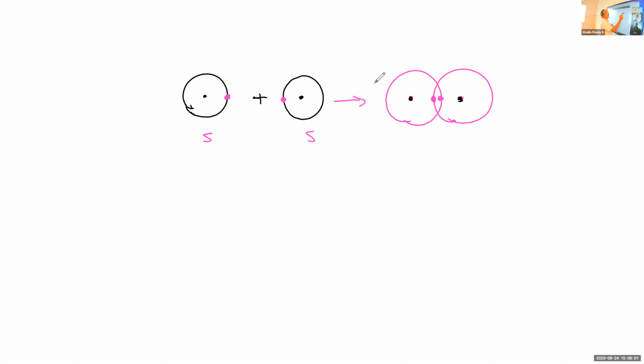During this process, what happens? There is pairing of electrons. That means a pair of electrons will be coming between the nuclei. And there is a common space for merging, and that is the overlapping. During this process, the overlapping takes place in a coaxial manner.